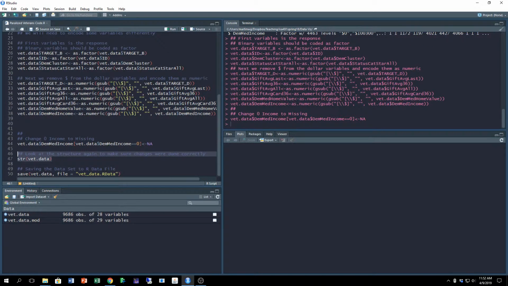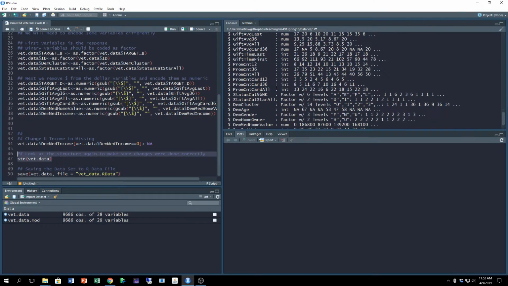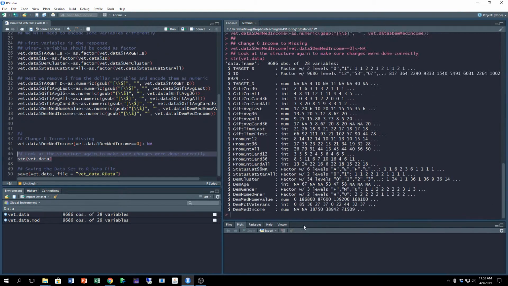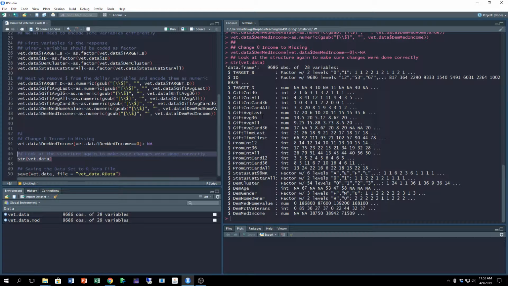The structure of the data set should look something like this, where you have the target B variable be a factor, you have some other predictors, a few factors and a few numeric and integer variables, but you should not have any dollar signs.